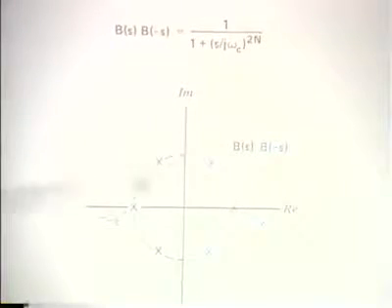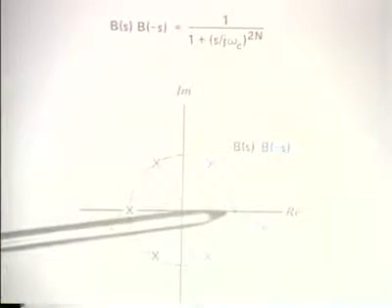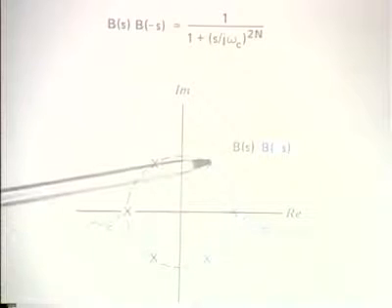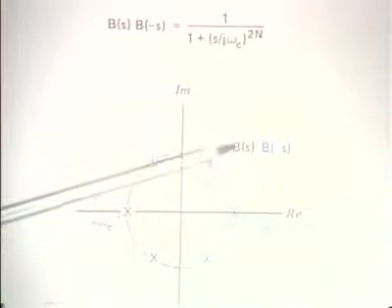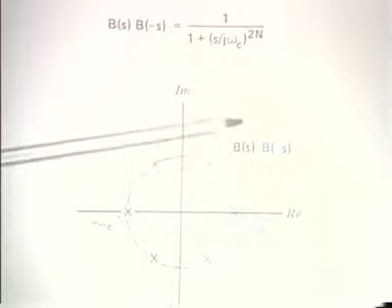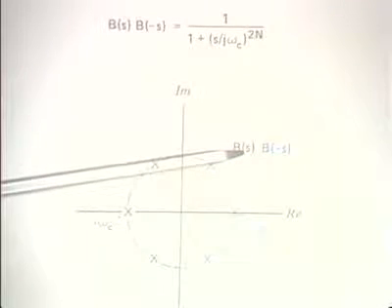So there are a total of 6 poles around this circle. For this specific case, the poles are spaced by 60 degrees. Now, we have B of S times B of minus S. To get the system function for the Butterworth filter, we'd like to get B of S. And the question now is, how do we get that?